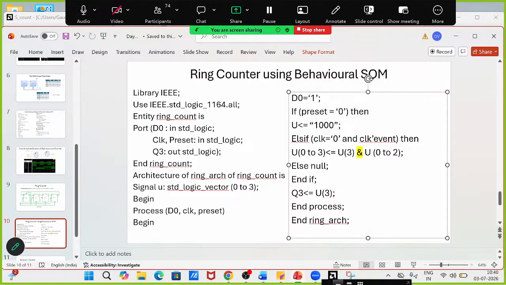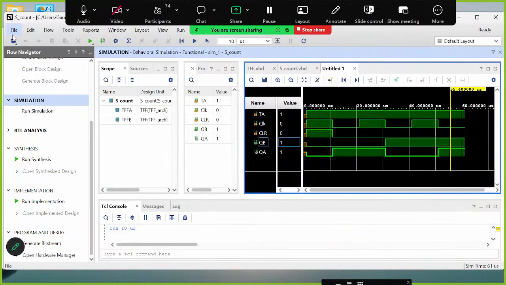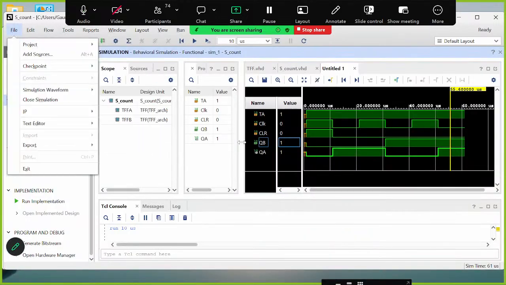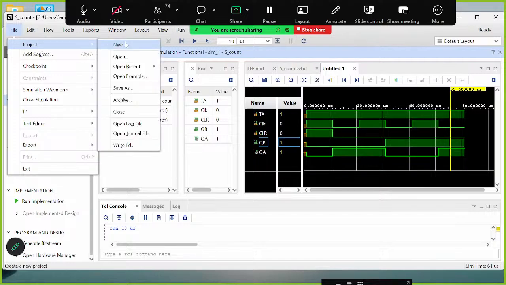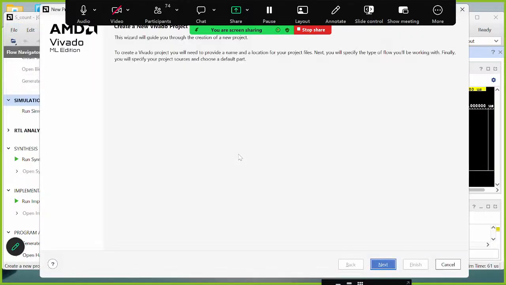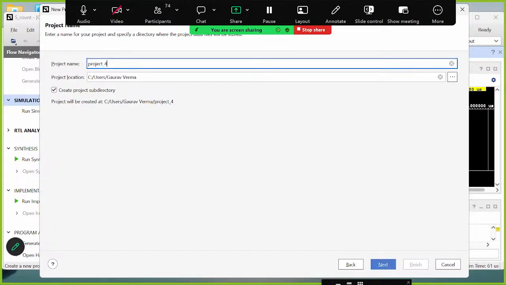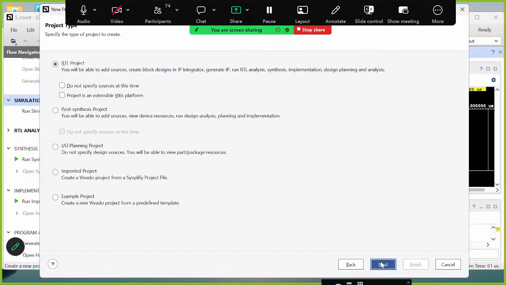Let's rewrite this program, create a new project. Next, let's write it as ring underscore count. Ring count is the name of the project.